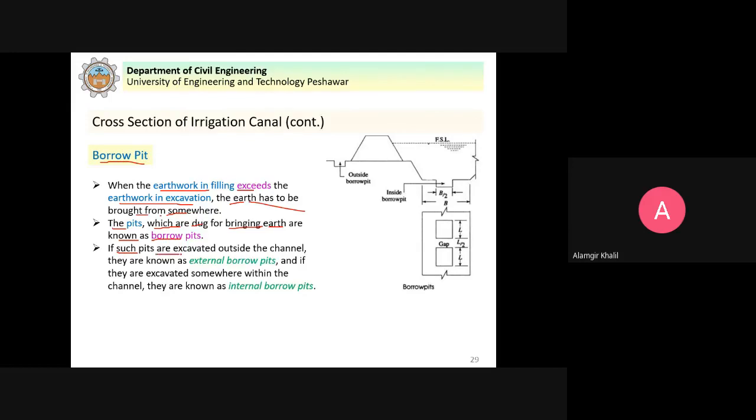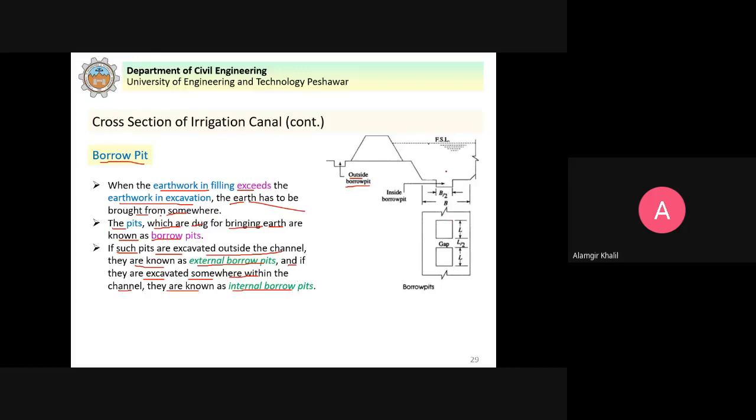If such pits are excavated outside the canal or channel, they are known as external borrow pits. Just like you can see here outside the channel, so it is an outside borrow pit. And if they are excavated somewhere within the channel, they are known as internal borrow pits.